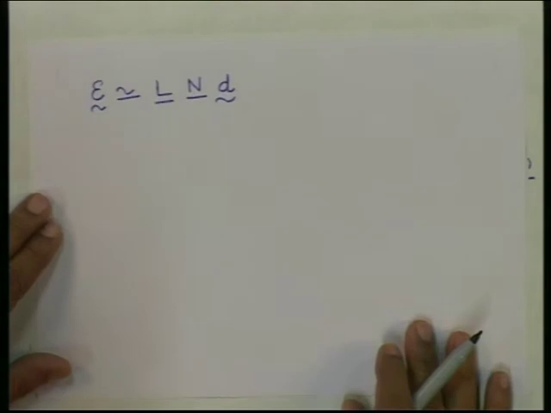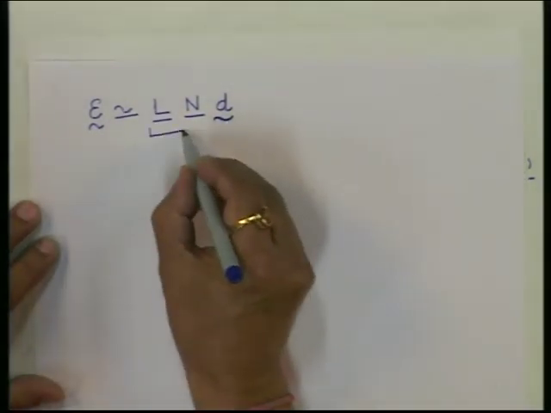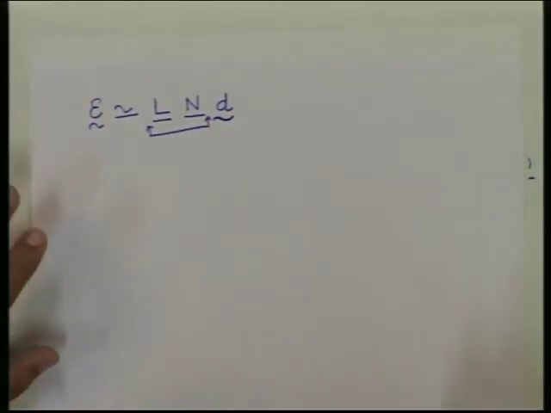So now, the strain at any point within the element or within the body, in terms of the nodal values vector that you have chosen, is given by L times N times D. If you compare this with our one dimensional formulation, I think I had done the 1D rod, where it is a simple single relation.